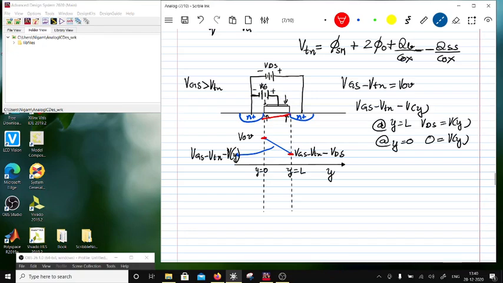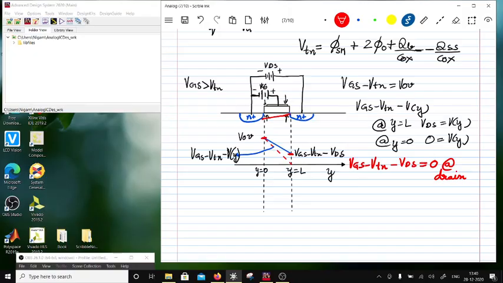okay, if you keep on increasing the VDS, then there would come a point where it will be doing like that. Okay, so that will occur for a condition that VGS minus VTN minus VDS becomes 0 at the drain.